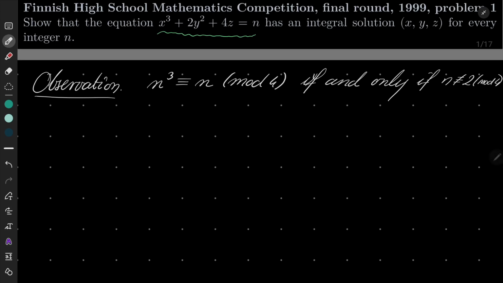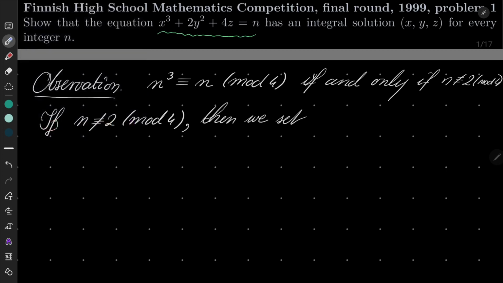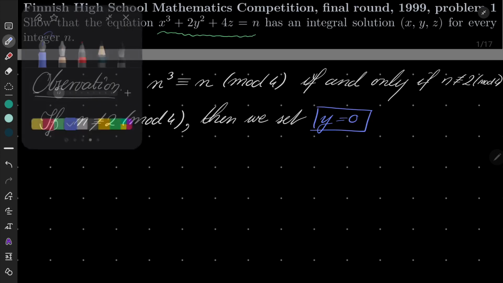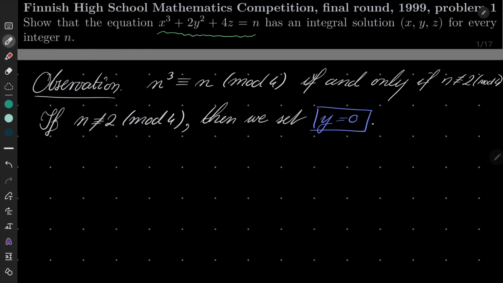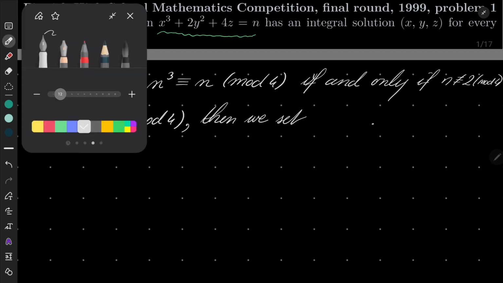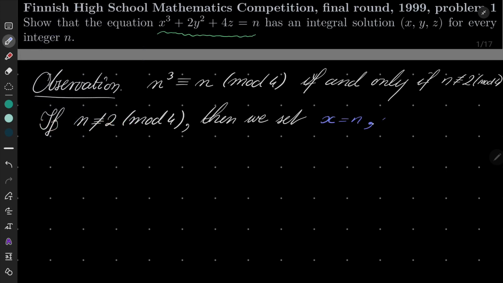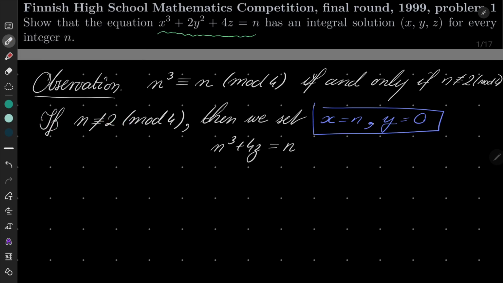So if n is not congruent to 2 modulo 4, then let's set x equals n, y equals 0, because now we have the following: n cubed plus 4 times z equals n.